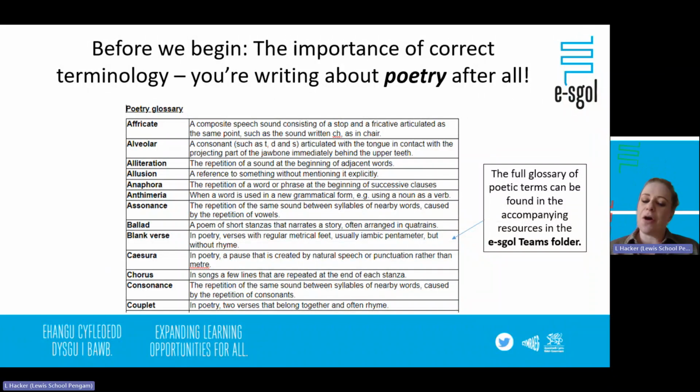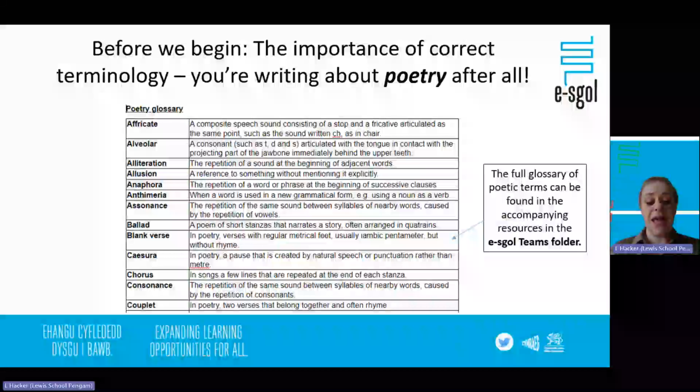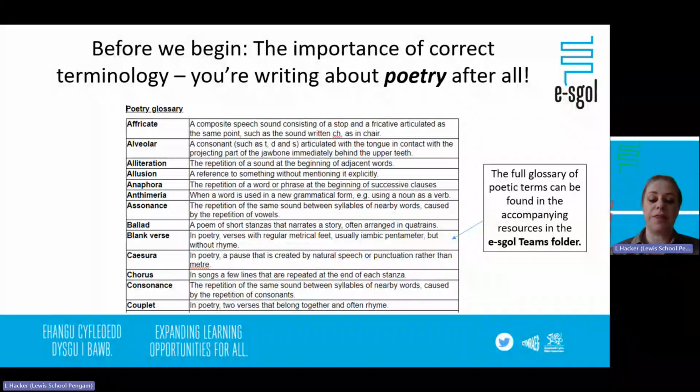Now, if you're a bit shaky on terminology or you just need a little recap, I've got here an example of a poetry glossary. I will be including this glossary in the Teams folder along with the recording of this particular session for you to have a little look at. They're not all going to be relevant, but they are all poetic terms.